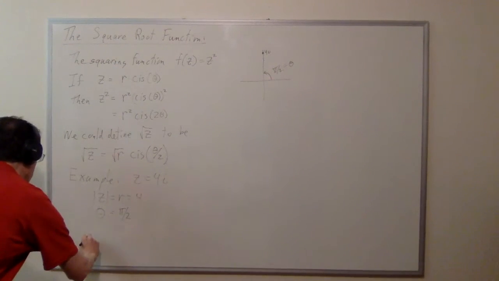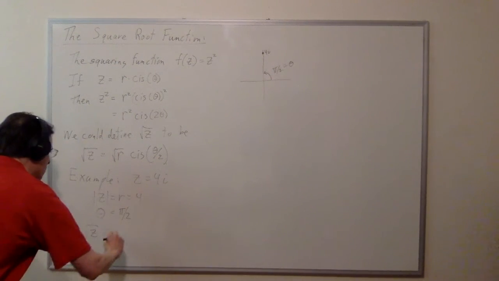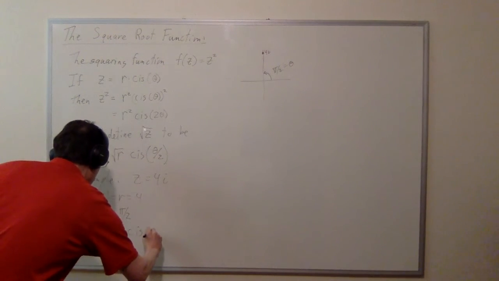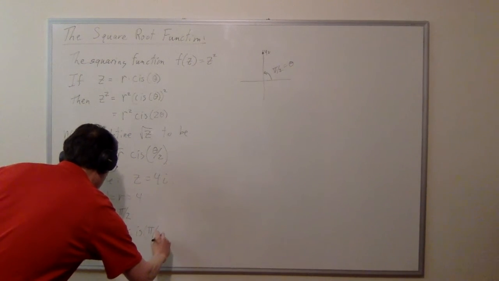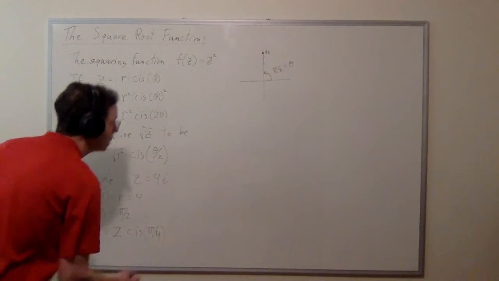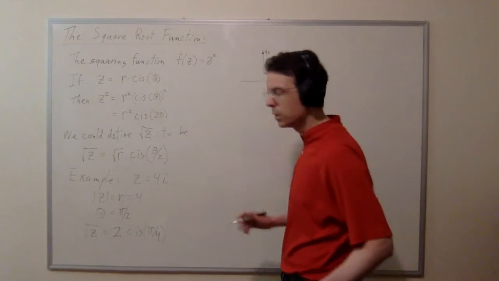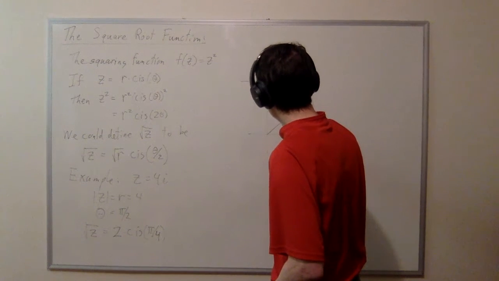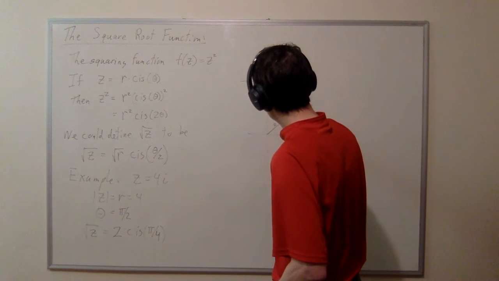So then the square root of z will be the square root of 4, which is 2, times cis of pi, not pi over 2, but pi over 4. So cis of pi over 4 is the angle pi over 4, which is a 45-degree angle, and we go out 2 units there.